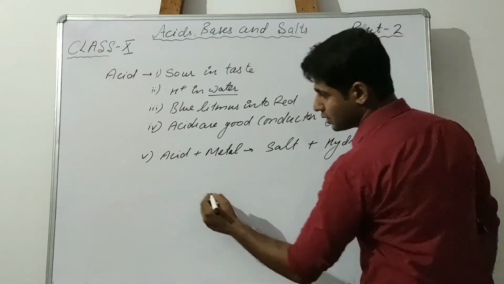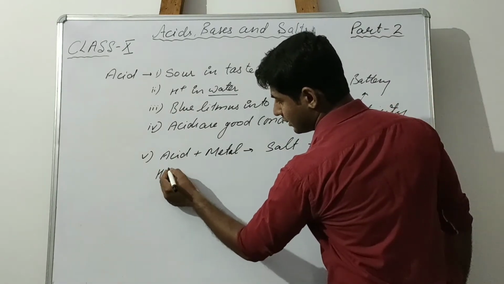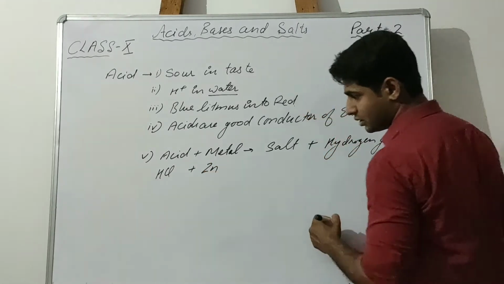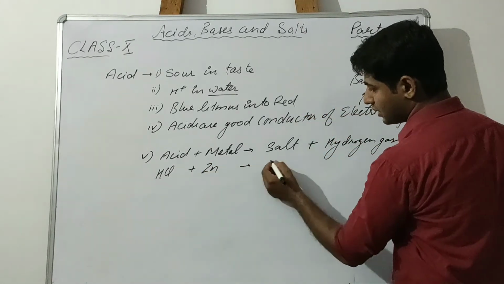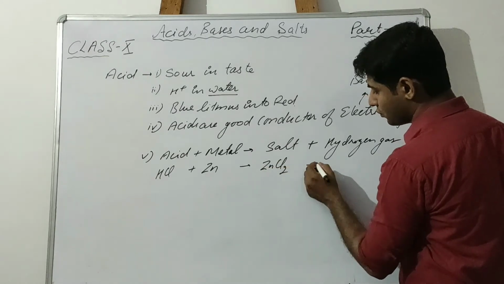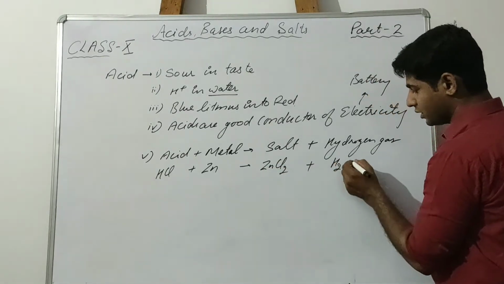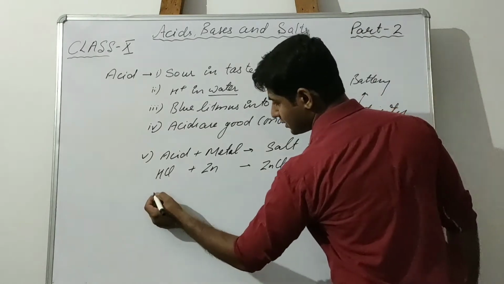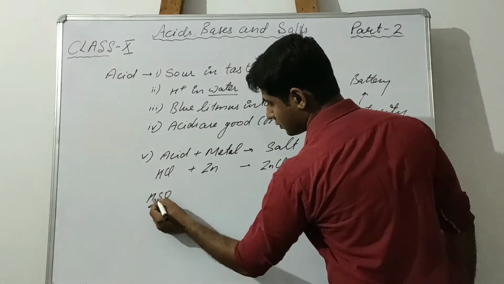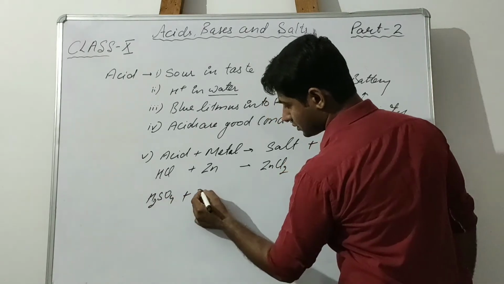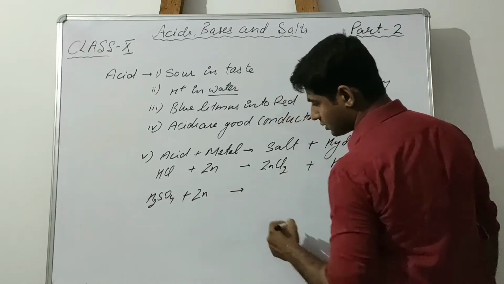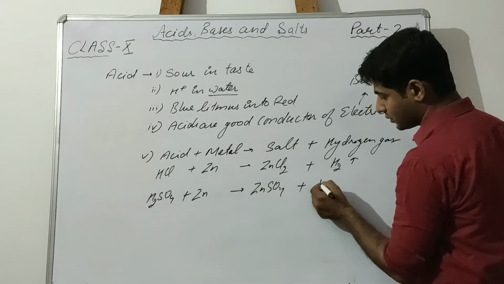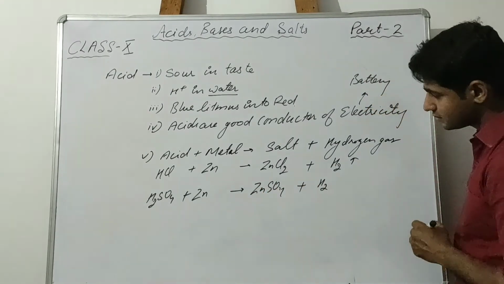For example, we can take HCl and metal zinc, and then we get ZnCl2 plus H2 hydrogen gas. Or we can take another acid like H2SO4 plus zinc, it will give ZnSO4 plus hydrogen gas.